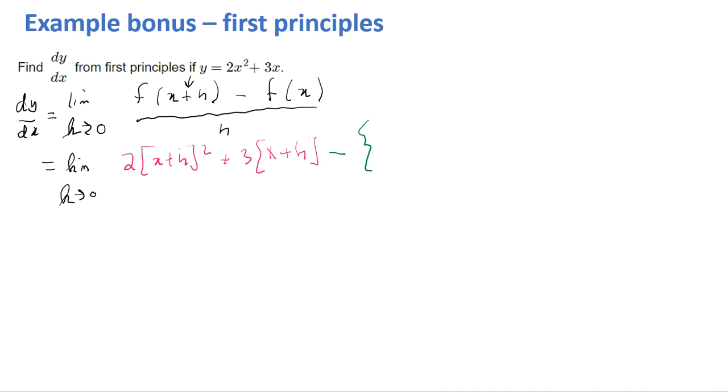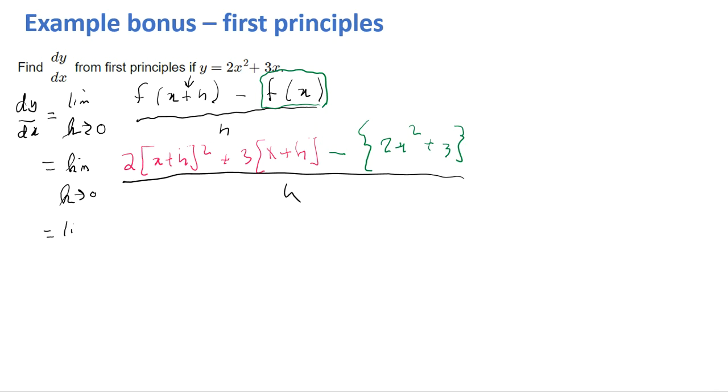I'm just going to rewrite the equation for this. So it's 2x squared plus 3. Okay, and all of this gets divided by h. Now we're going to do some simplification. Never drop this limit as h approaches 0.